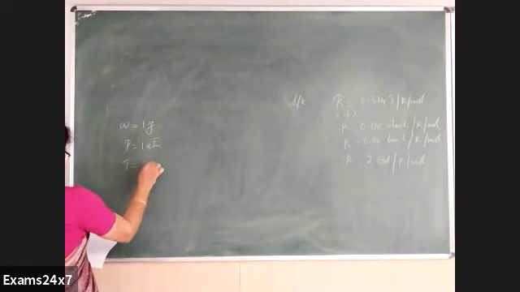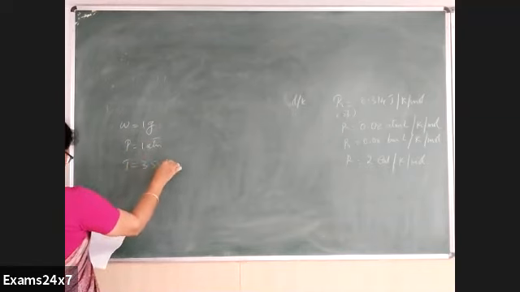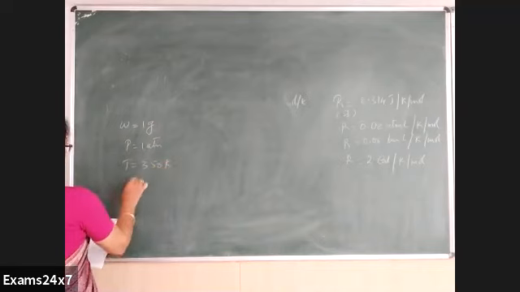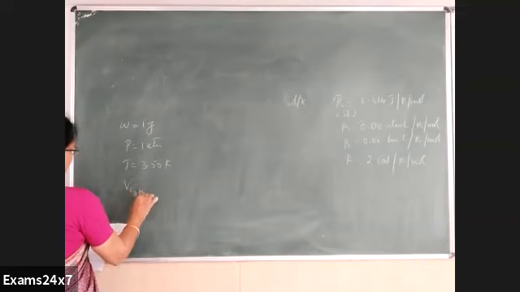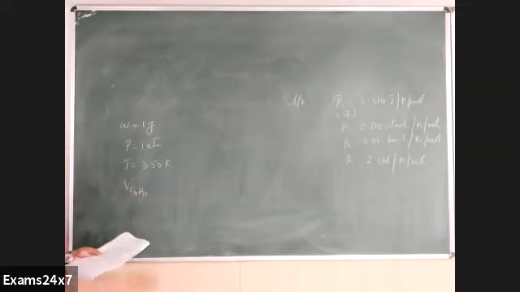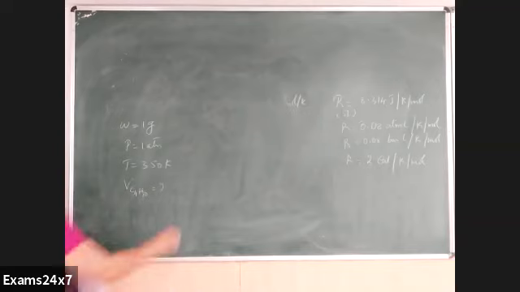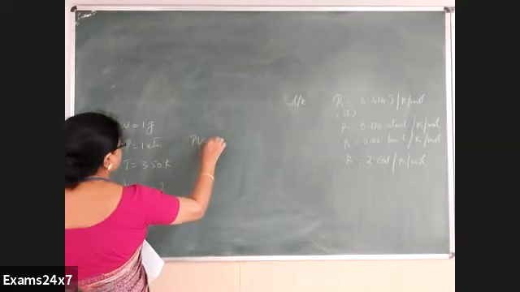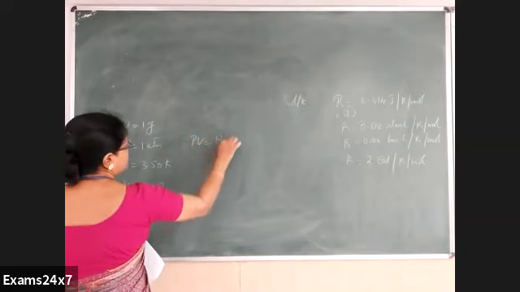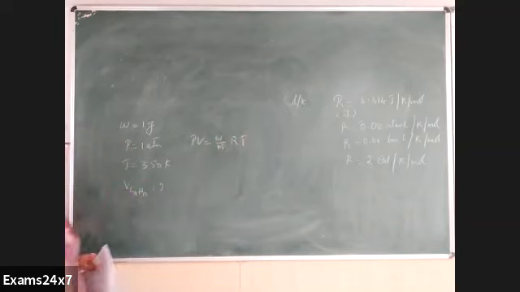Temperature is 350 Kelvin. Volume of butane. What is the formula of butane? C4H10. What equation can we use here? PV equal to nRT, right? PV equal to mass by molar mass into RT.